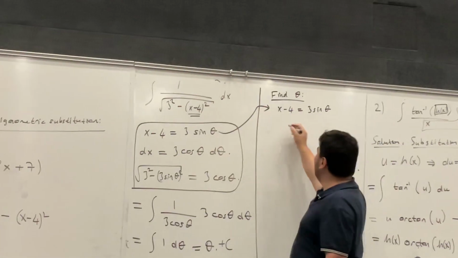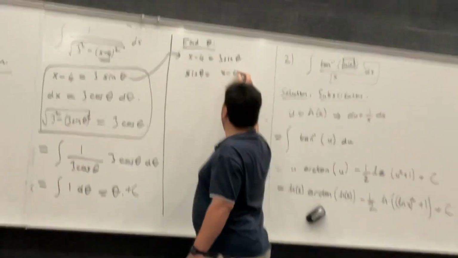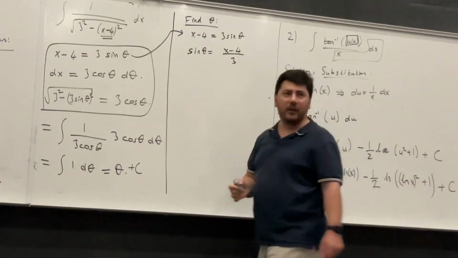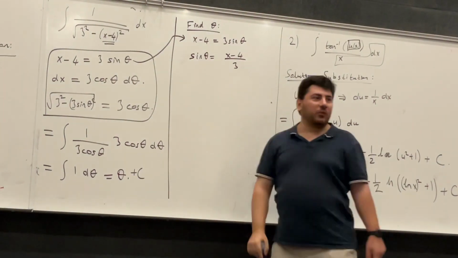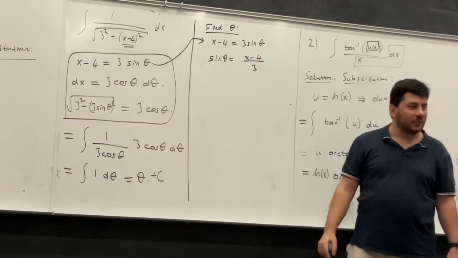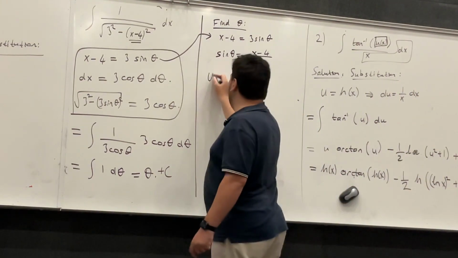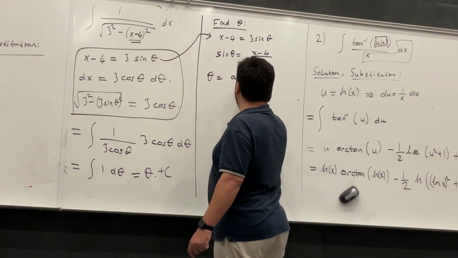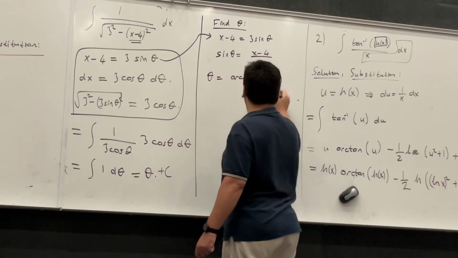So this means sine theta is equal to x minus 4 over 3. Can I isolate theta from here? How? Sine inverse. Take the arc sine, right? So theta is going to be arc sine of x minus 4 over 3.